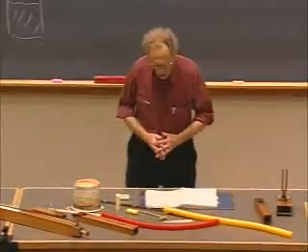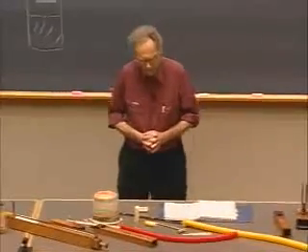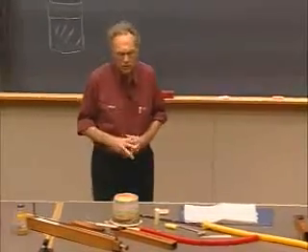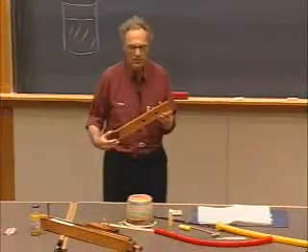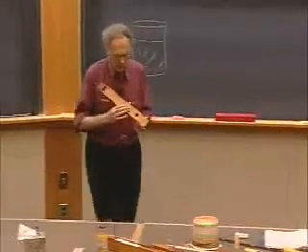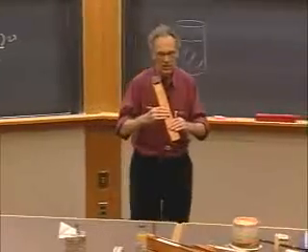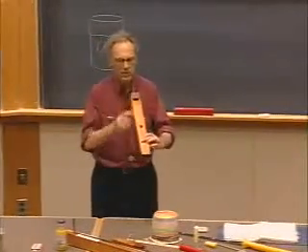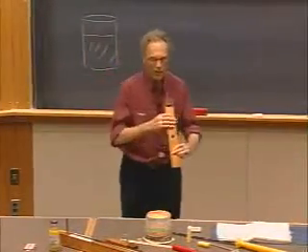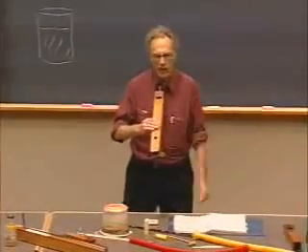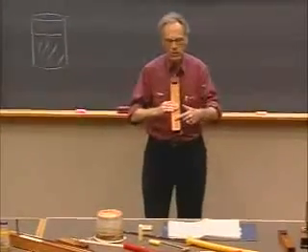If you take a flute, then you make it longer and shorter simply by drilling holes in it. If you hold your hands on both holes, then this is the length of the flute, which gives you a lower frequency than when you take one hand off, because now it's shorter.